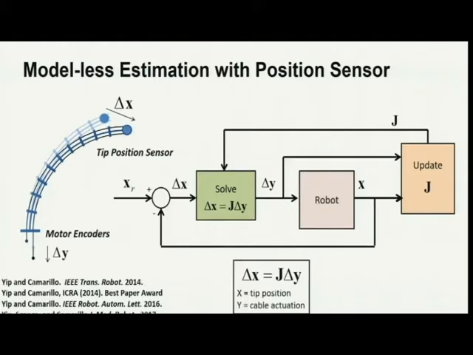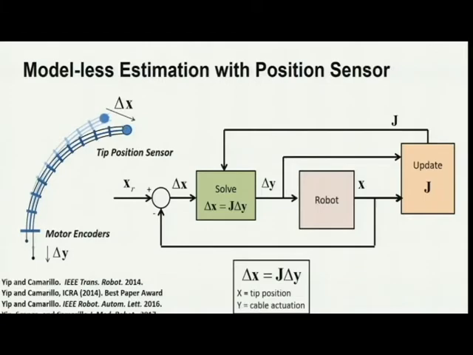You essentially can take the elements of the Jacobian and learn those as you move through space. So as you start to run into objects and it warps your Jacobian, as I showed you in that last example, you can simply learn what's happening by observing the sensor displacements as well as your encoder motions.